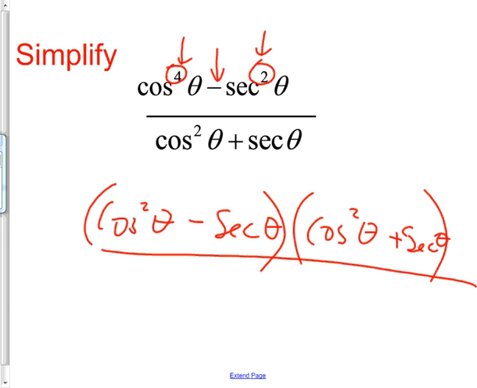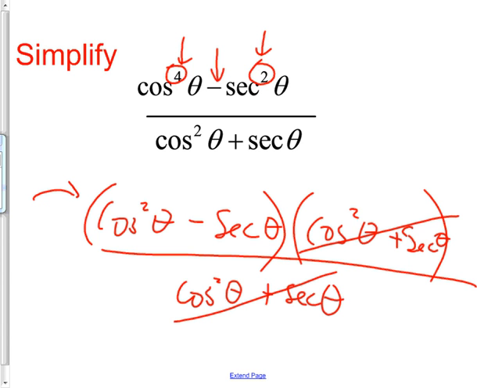That hasn't changed. Cosine squared theta plus secant theta. All right. So which one's going to cancel? The one with the minus or the one with the plus in it? The one with the plus. Cancel, cancel. There's your answer.